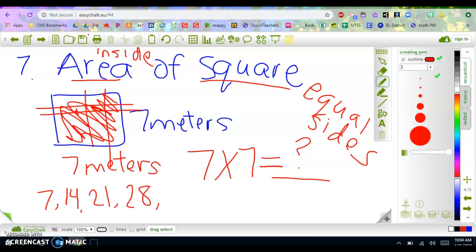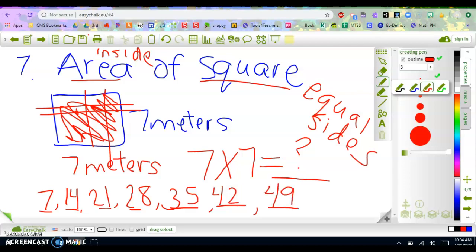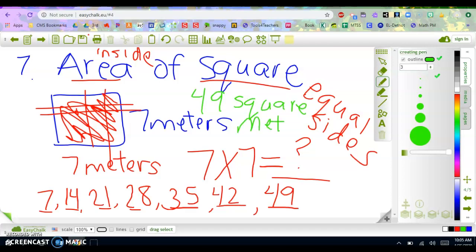Remember, I'm going 7 times. 35, 5 times. So 1, 2, 3, 4, 5, 6, 7. 42 and 49. What is the area of this shape? The area is 49 square meters.